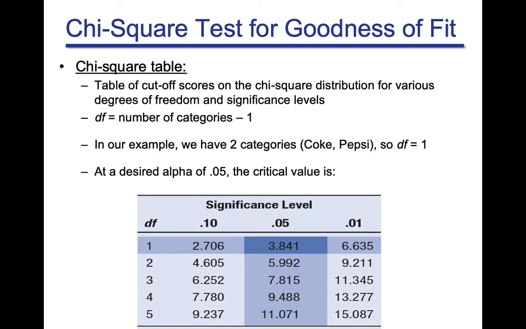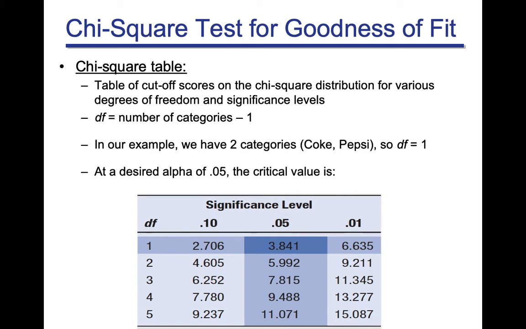However, if we find that our observed frequencies differ from our expected frequencies so much so that they produce a chi-square that is greater than 3.84, then we'll reject the null hypothesis and say, hey, there must be a preference between Coke and Pepsi.